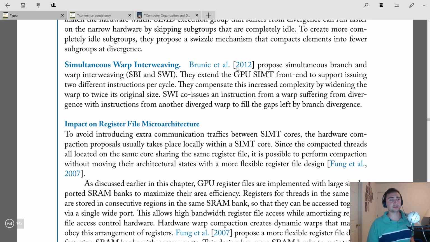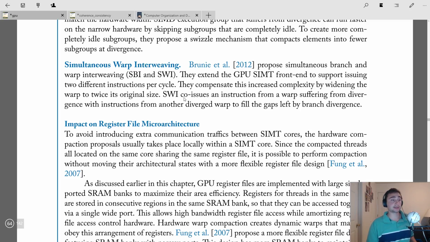So in 2012, there's a paper on simultaneous warp interleaving. So this proposes simultaneous branch and warp interleaving, which extends the GPU SIMT front end to support issuing 2 different instructions per cycle. So they compensate for this increased complexity by widening the warp to twice the original size, right?